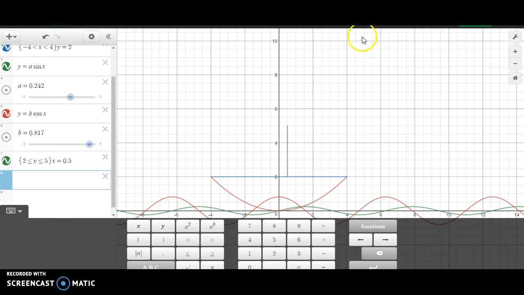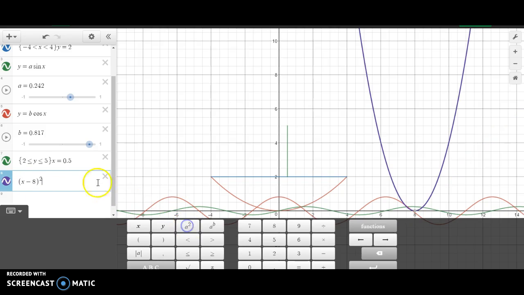And then I'm also going to include the sun up here in the corner. So I'm going to go ahead and do that. (x minus 8) squared plus (y minus 8) squared equals, what circle do I want here?